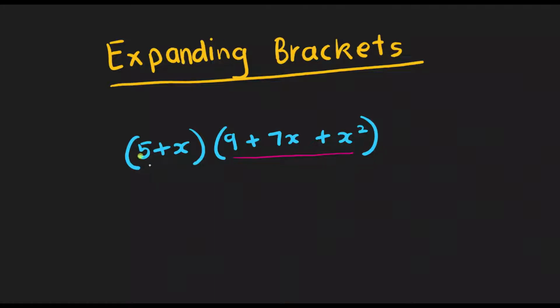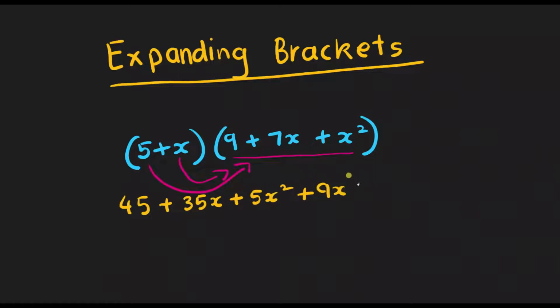We're going to multiply 5 with what's here inside the bracket plus x times what's inside the bracket here. So when we do that, we're going to get 45 plus 35x plus 5x squared plus 9x plus 7x squared plus x to the power 3.